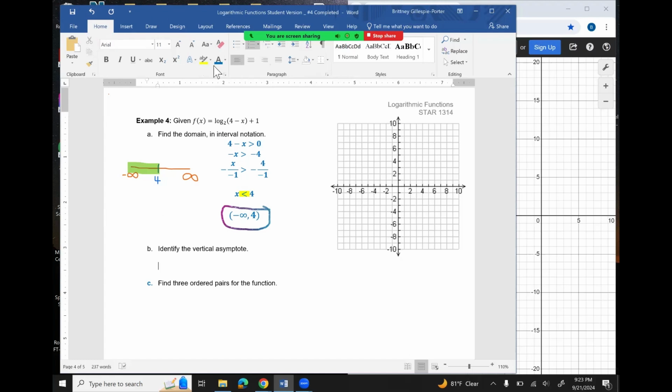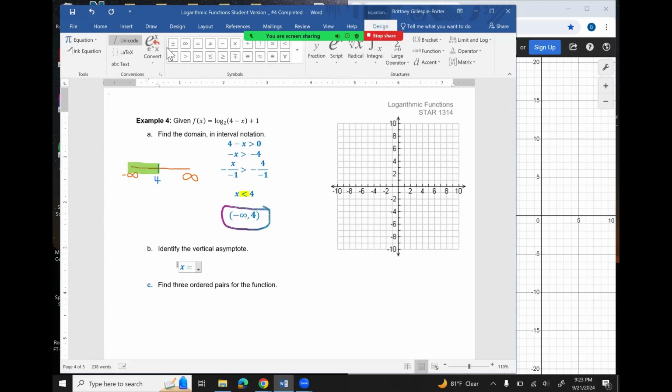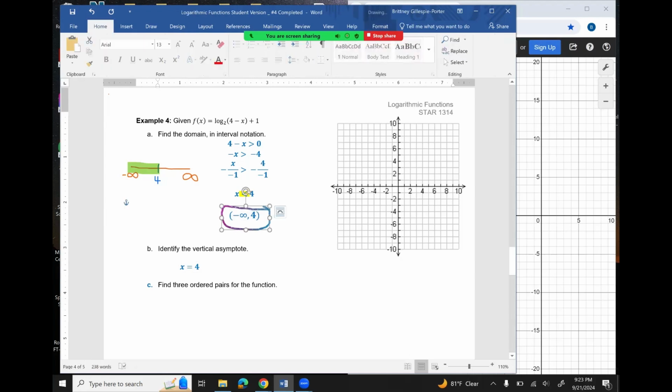Our vertical asymptote. Remember, vertical asymptotes are always in the form x equals, and it's whatever number we found in our domain. So we have our vertical asymptote of x equal to 4. Okay.